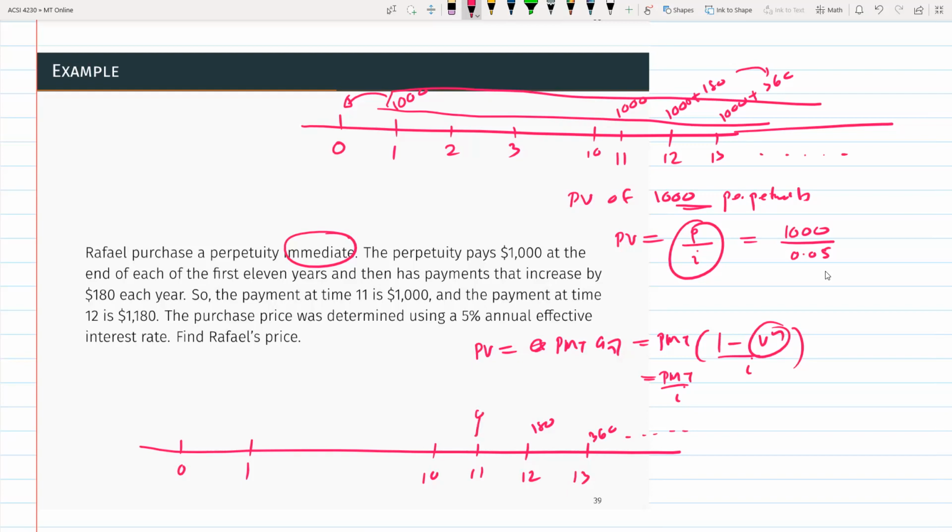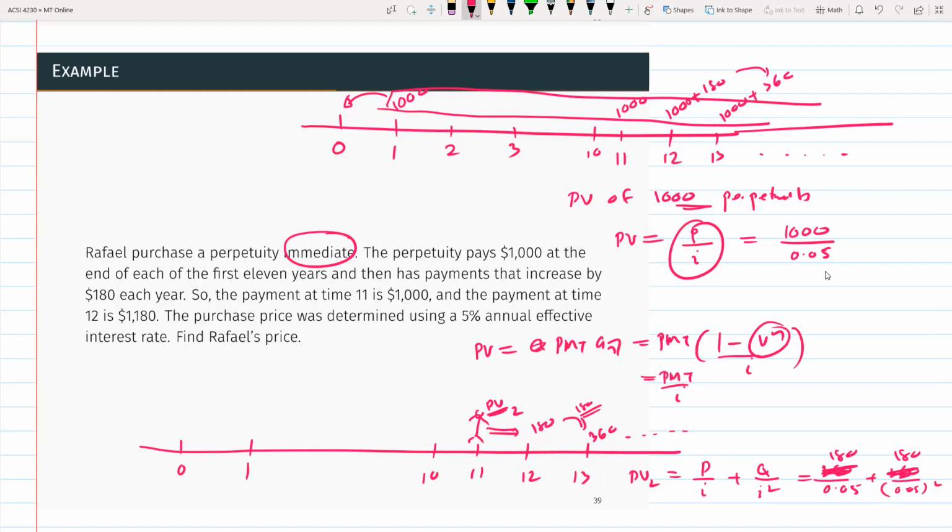So if I'm standing here, the present value would be P over i plus, because it's a perpetuity immediate under an arithmetic progression, Q over i squared. So that's going to be 180 over 0.05 plus the increment, which is again 180, over 0.05 squared. P is 180, Q also 180, increment also 180. That gives you the present value.